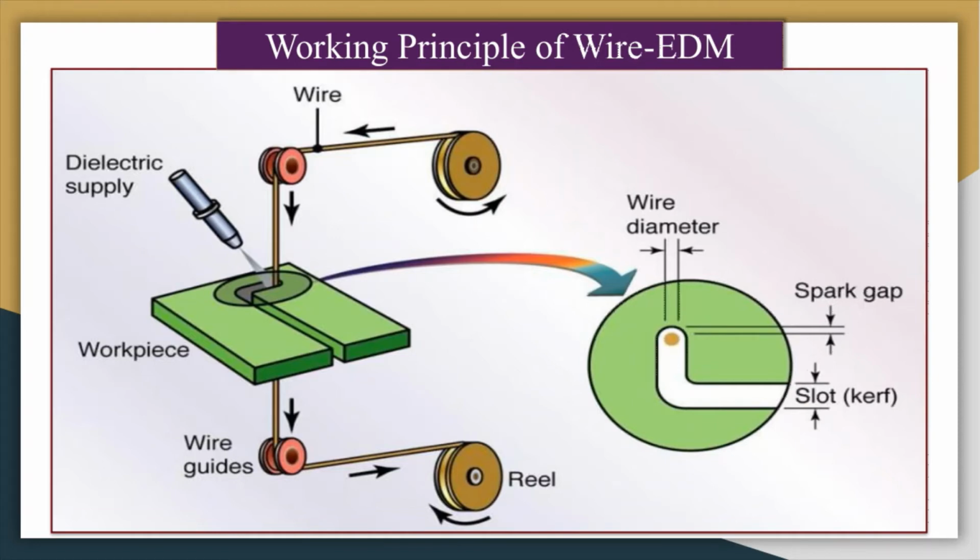A through hole has to be made so that the wire can pass through the workpiece, and when it passes through, then you can start the cutting. So initially one hole has to be made, which is not required in the normal die sinking EDM process, but it is required in this wire EDM process.